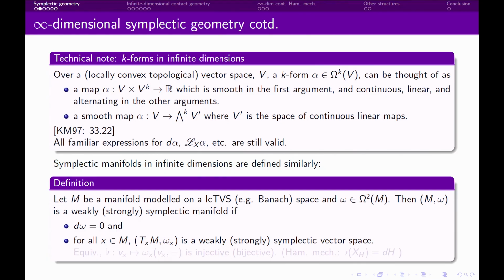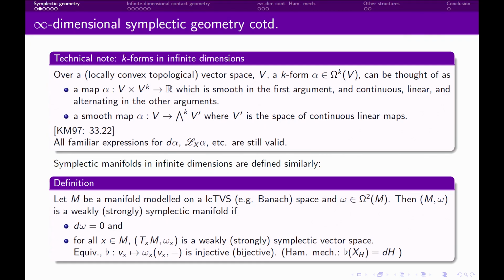I guess don't worry too much about what a tangent bundle is. It's just that for every point we associate a copy of the vector space, which I guess sounds obvious. Oh yeah, and then, what's the point of this? Equivalently, this map flat, which is our contraction map, is injective or bijective.